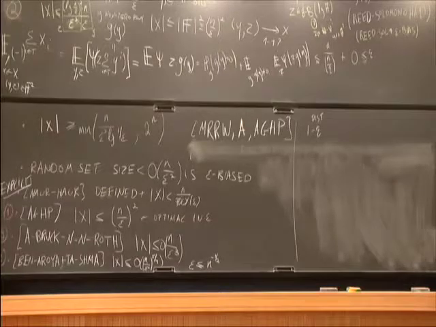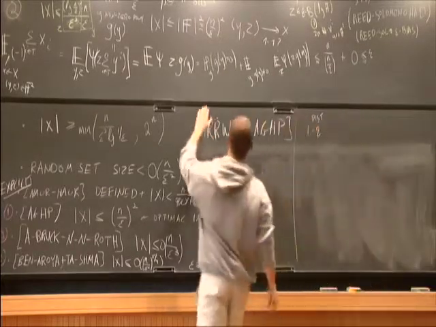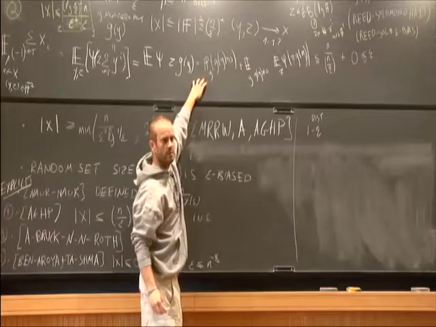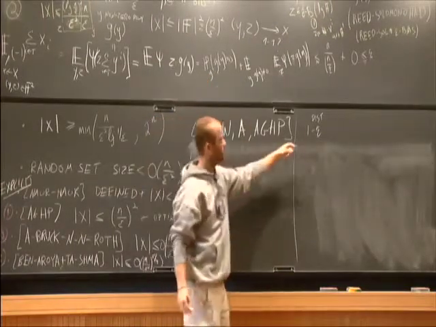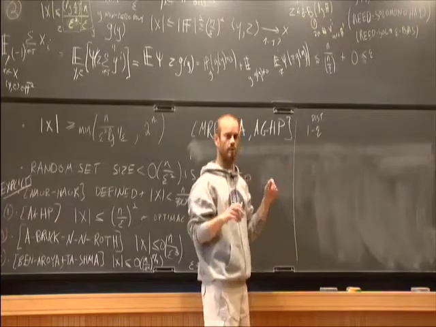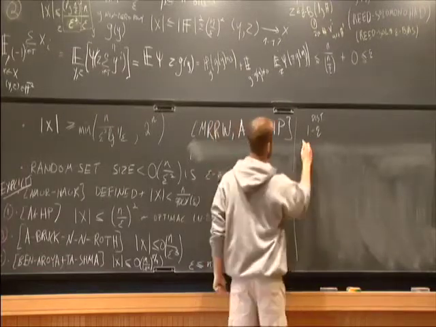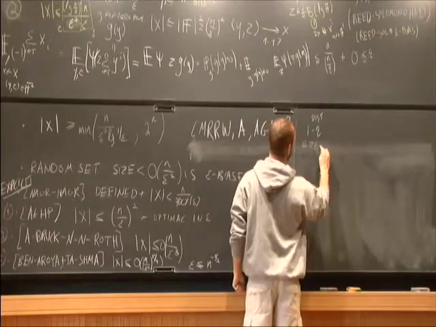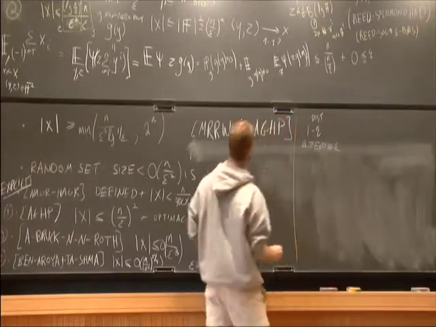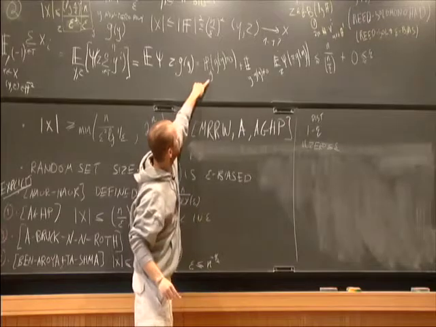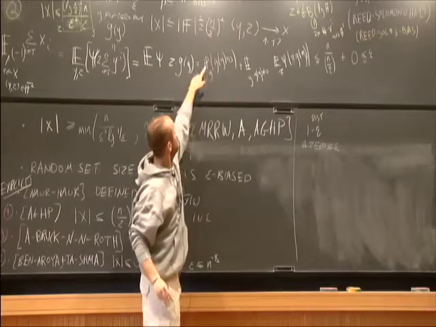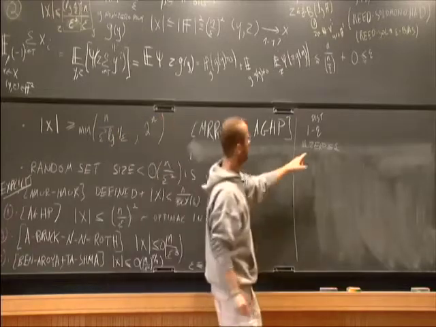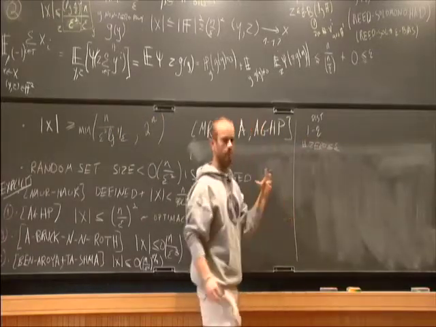So the minimal number of non-zero entries in this encoding is such that the fraction of zero entries is at most epsilon. So the number of y's for which this is 0 is at most epsilon, so the distance is at least 1 minus epsilon.